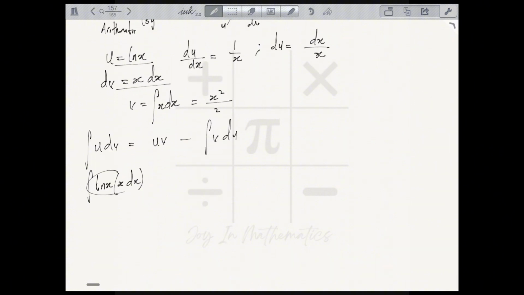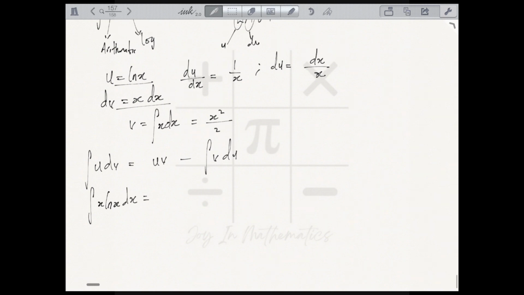This can be rewritten as the integral of x ln x dx, the question, is equal to u, which is ln x, multiplied by our v, which is x squared over 2, minus the integral again of v, which is x squared over 2, multiplied by du, and our du is dx over x.